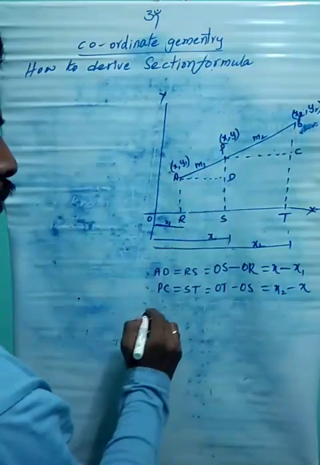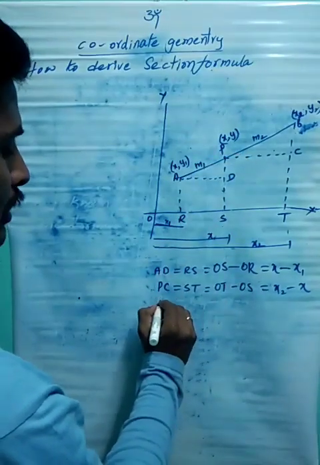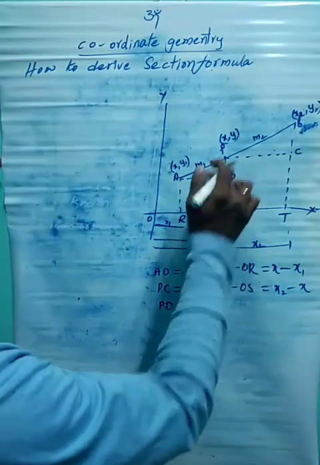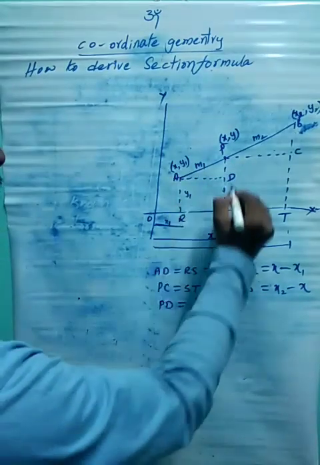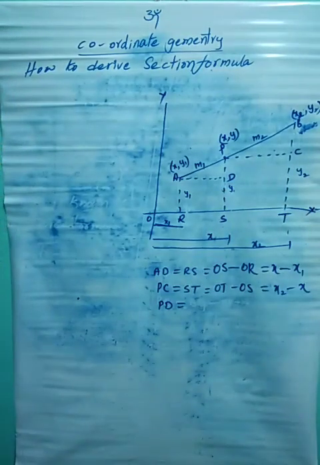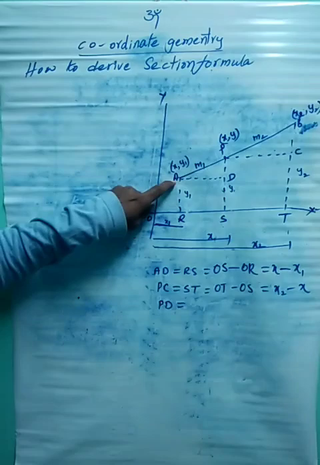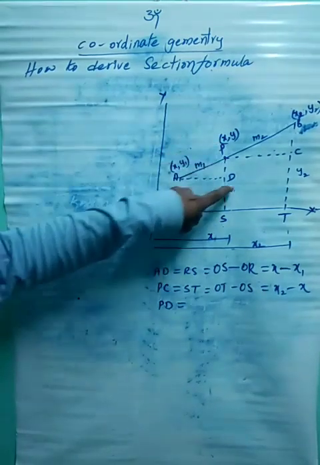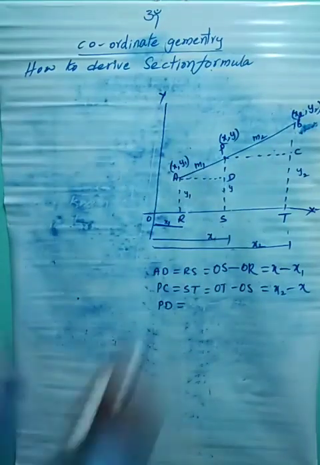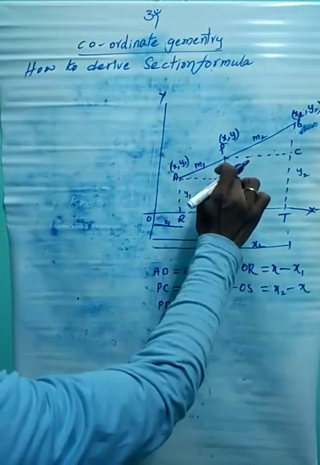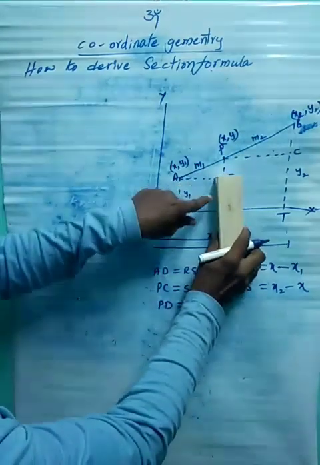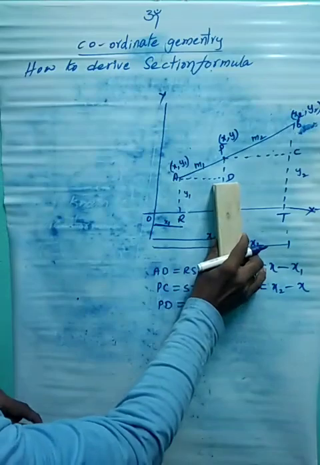Similarly, we want to know the y-coordinates, the points on the y-axis. We want to know PD. You observe here that y1, y and y2 are the coordinates. AR is y1, PS is y, and BT is y2. Now for the PD value, you subtract DS from PS. PD is equal to PS minus DS.